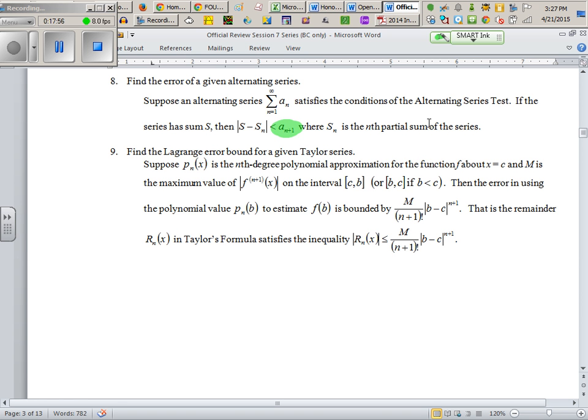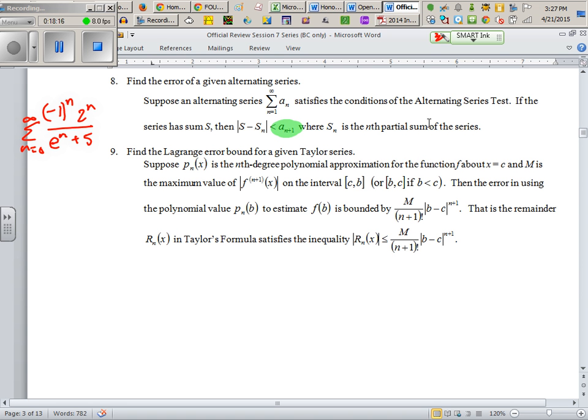I'll do a quick example of that. So you might have a series that looks like this, -1 to the n, 2 to the n, over e to the n plus 5, okay? And this is your series. And it's clearly alternating because of that -1 to the n.